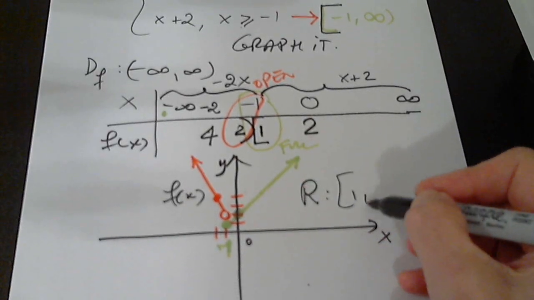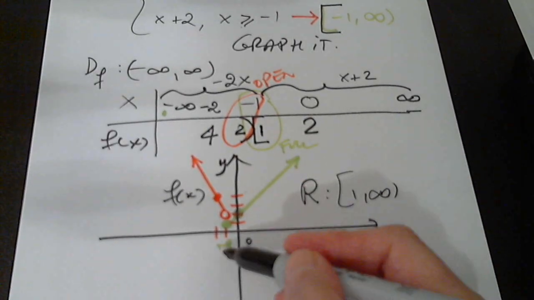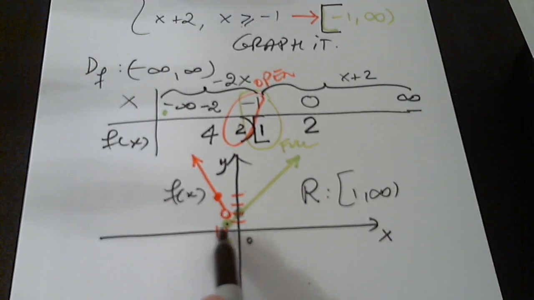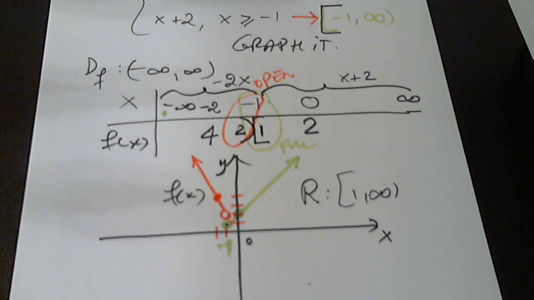Yes, 1 to infinity. -1 will be a point here, right? So it starts here at +1 up to infinity. Good. Any questions on graphing the piecewise defined function? Okay.